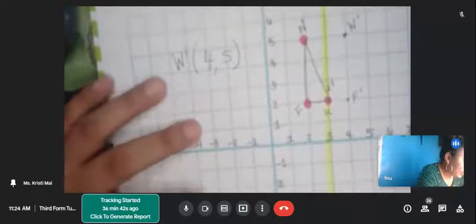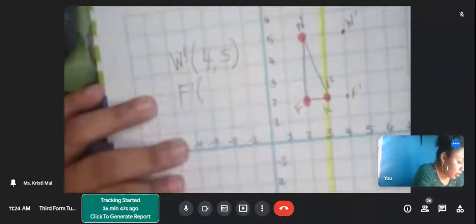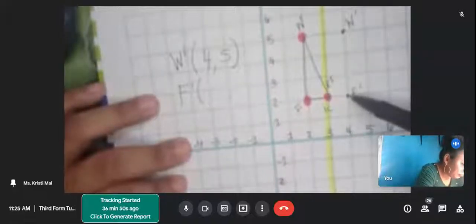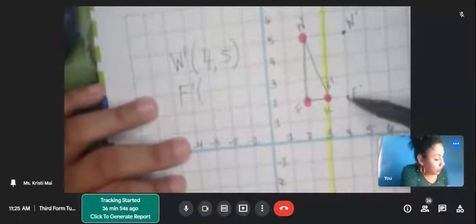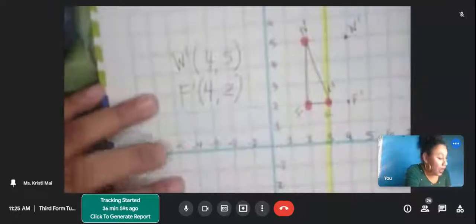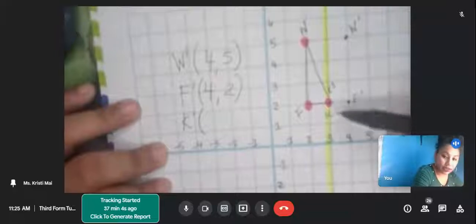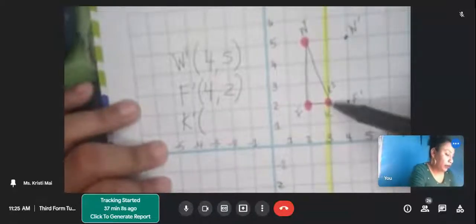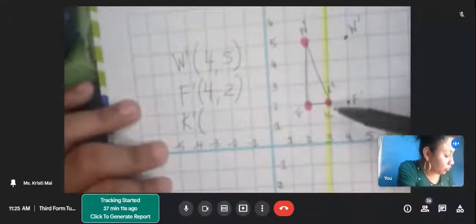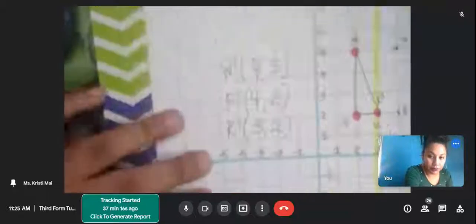If I take a look at F1, F1 is on 4 on the X and 2 on the Y. So my point is gonna be 4, 2. And then K1 is on the exact same point, 3 on the X and 2 on the Y. So my point is 3, 2. And I have found the coordinates.